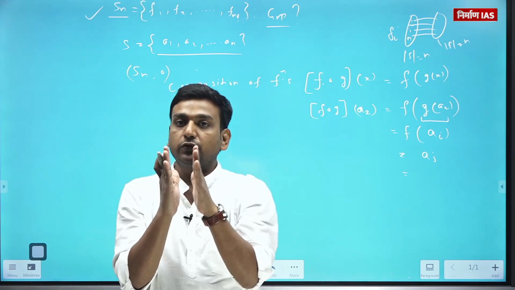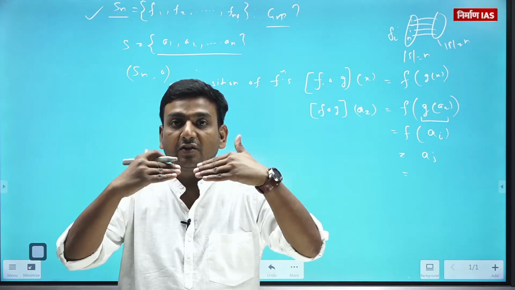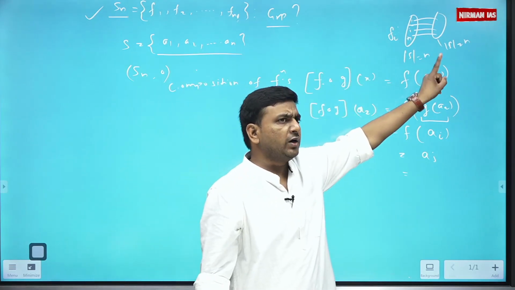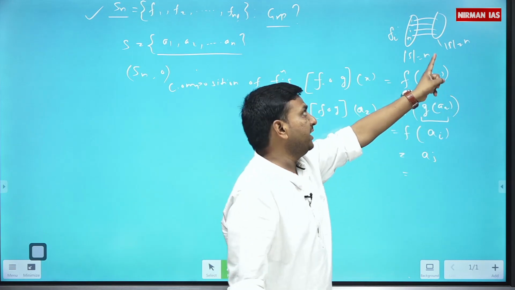This aj will also be the image of some element, because you have defined a one-one onto function.